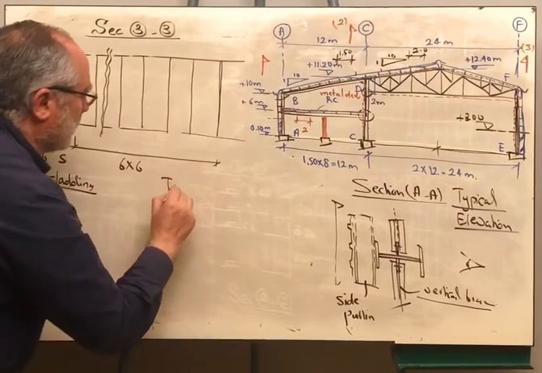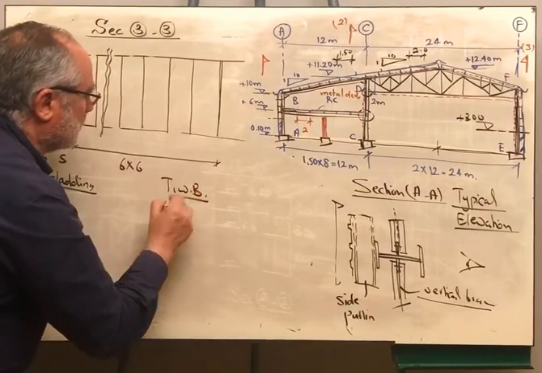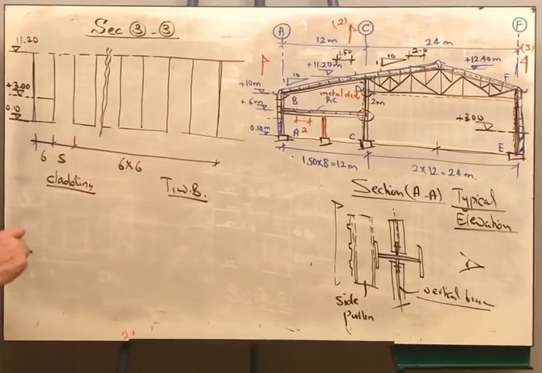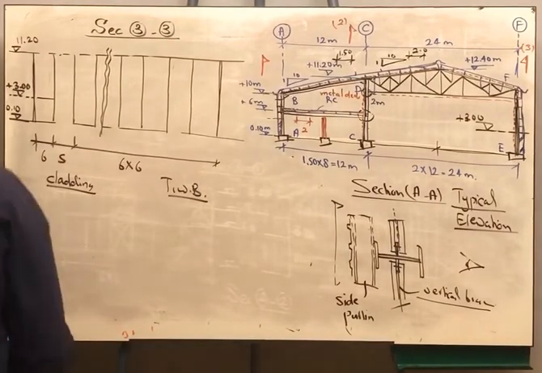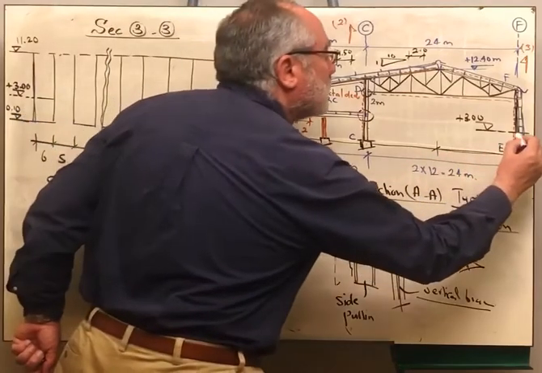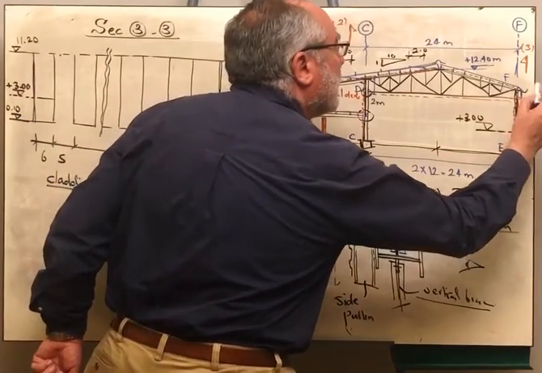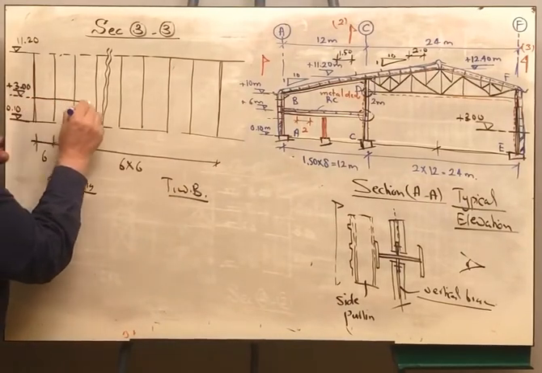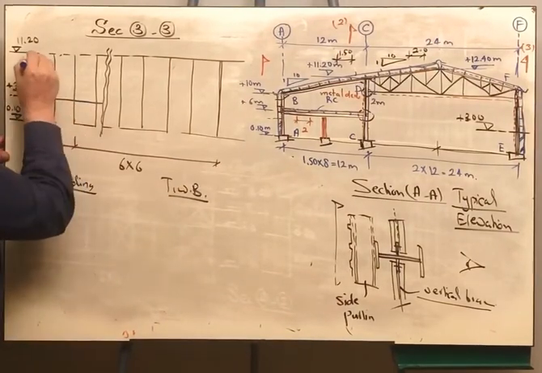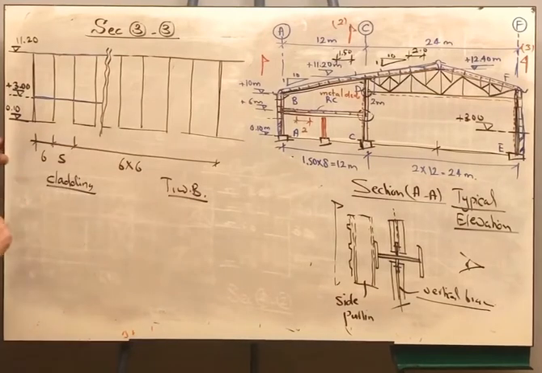And here I'm going to show the transversal wind bracing in the rest of the section. Okay? Right. For the cladding, we are having a purlin just above the brick wall, and we are having a purlin at the end. So we are having a purlin here, and we are having a purlin there.